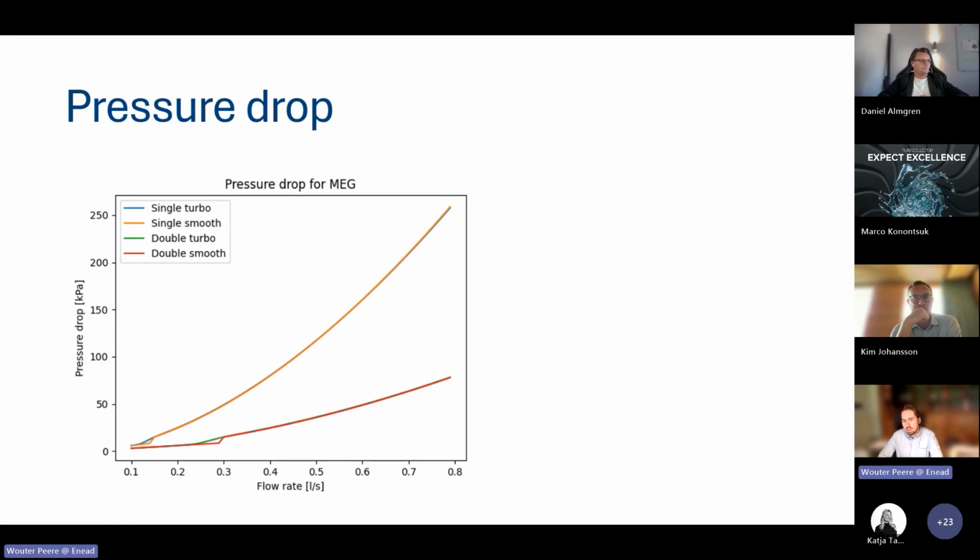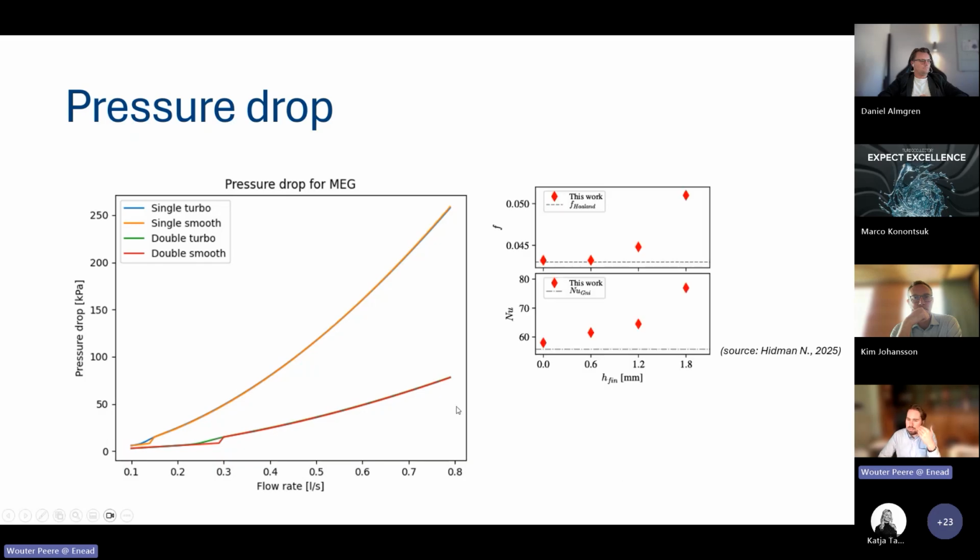Which might sound a little bit strange because we added fins, and that was also something which was studied in this article, where they say, okay, if we have a fin height of 0, there is no difference with the smooth pipe. And when we increase the fin heights, you see that the friction factor at one moment in time starts increasing dramatically.